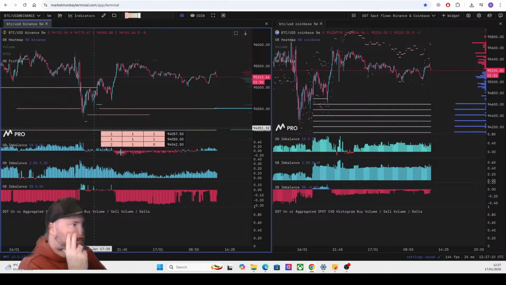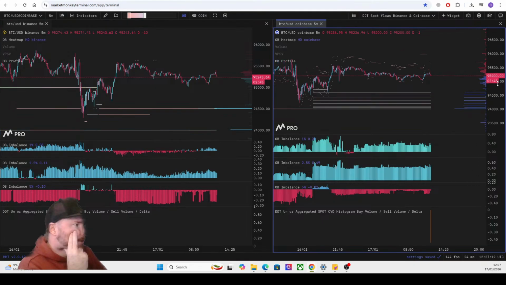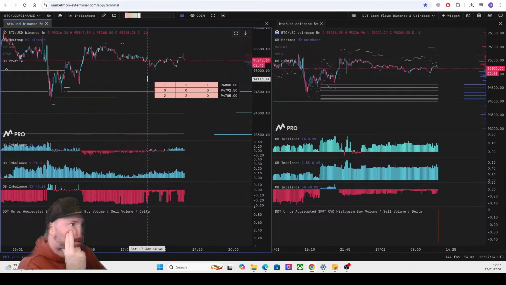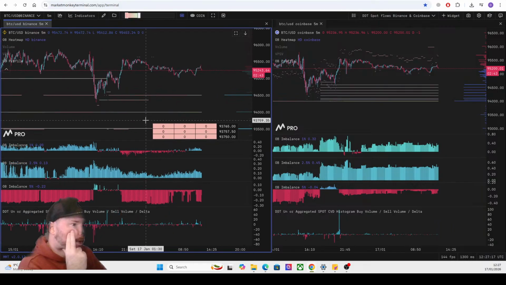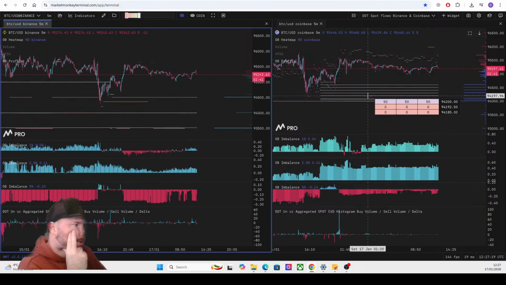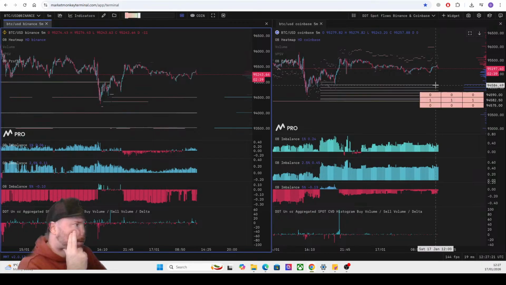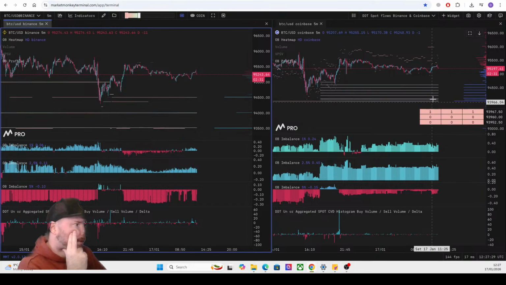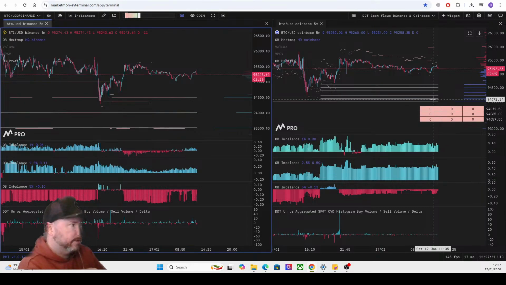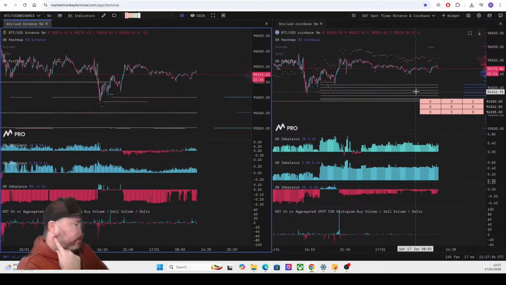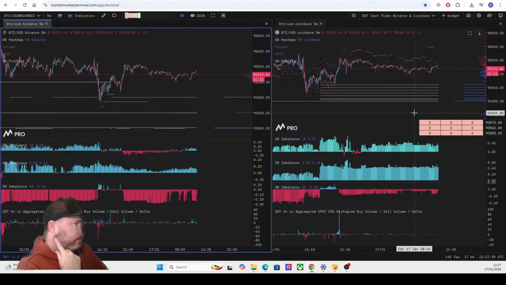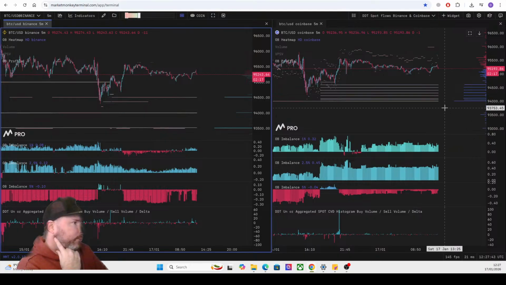What's good, Decrypto? Something I did spot, and maybe anyone who follows some order flow accounts on X has seen this: Coinbase have planted a lot of 50 Bitcoin orders, 1, 2, 3, 4, 5, 6, 7, 8, like 400 or 500 Bitcoin of limit buy orders on the spot book.